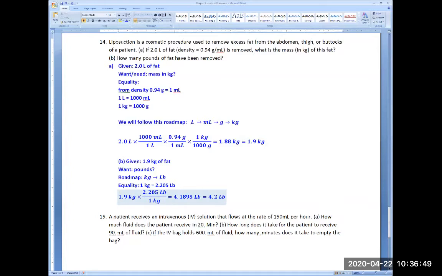So multiplying by a conversion factor is like multiplying by 1, and it only changes the unit of your measurement to another unit. Of course the number will be different because the unit is different. Here kilograms cancel and you're left with pounds, which is the desired unit. So you multiply 1.9 by 2.205 pounds to get the final answer.